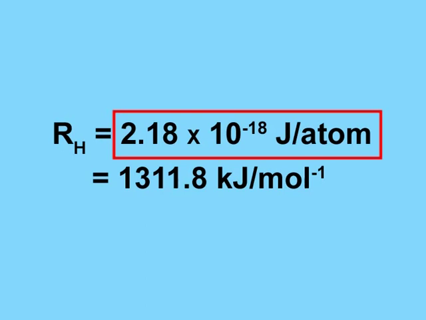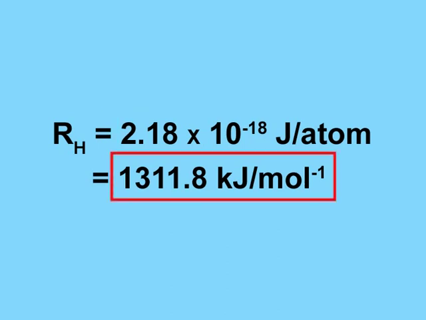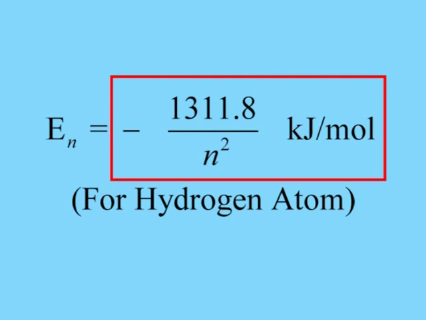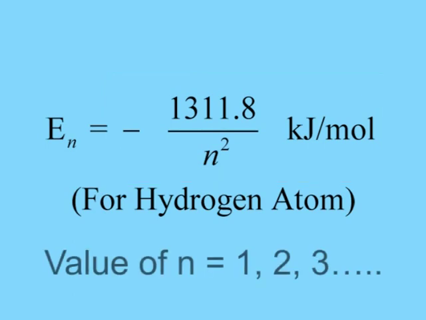2.18 into 10 raised to the power minus 18 joules per atom, or 1311.8 kilojoules per mole. On simplifying, we get En is equal to minus 1311.8 upon n square kilojoules per mole for hydrogen atom.